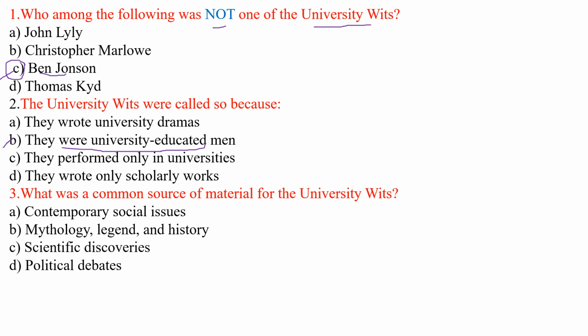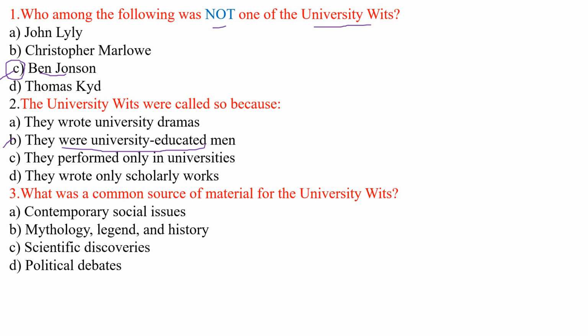Some of them went to Oxford University and some of them went to Cambridge University. John Lyly, Thomas Lodge, George Peele were Oxford University wits, whereas Cambridge University wits were Christopher Marlowe, Robert Greene, and Thomas Nash. Let's go to question 3.